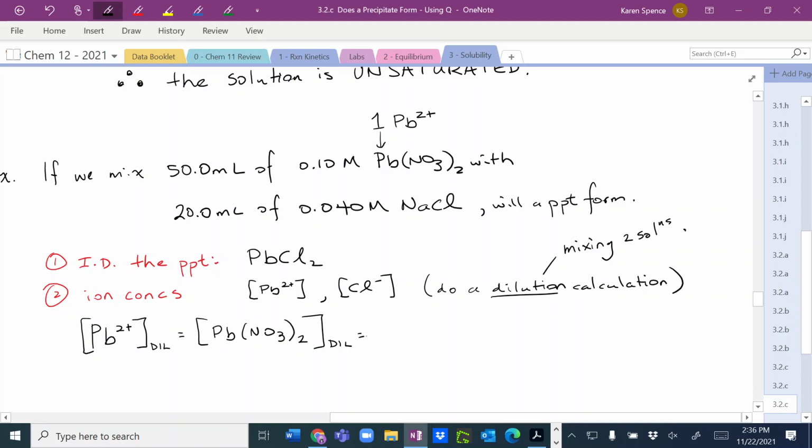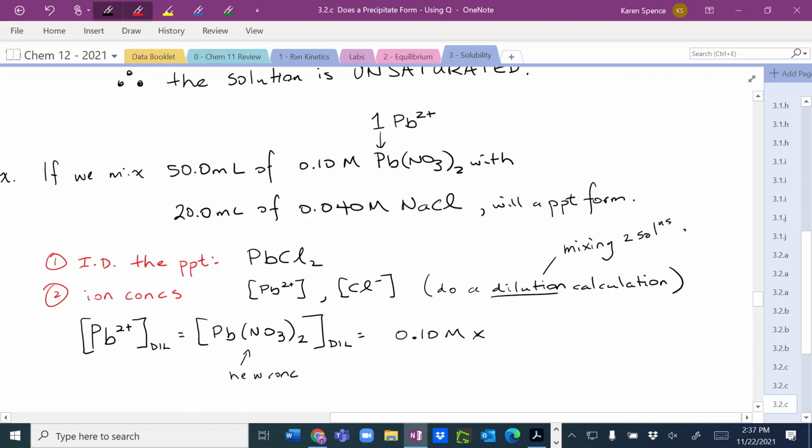If we want to use the dilution formula, what comes first? Old concentration, so this is going to be our new concentration here, right? We find that by multiplying our old concentration, 0.10 molar, times our old volume.